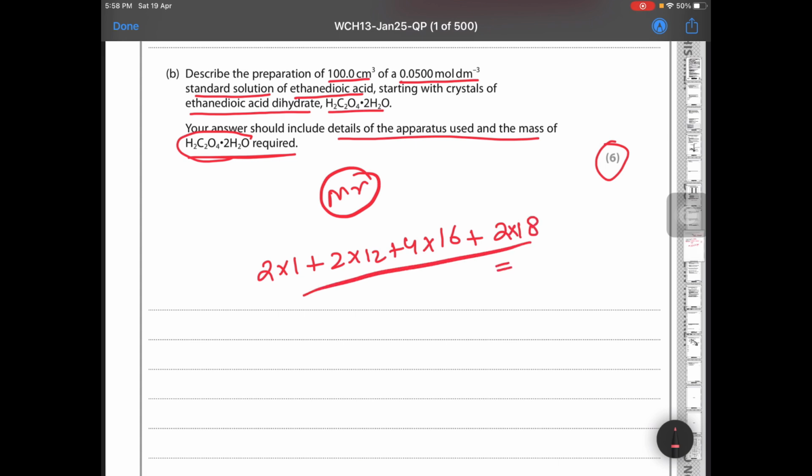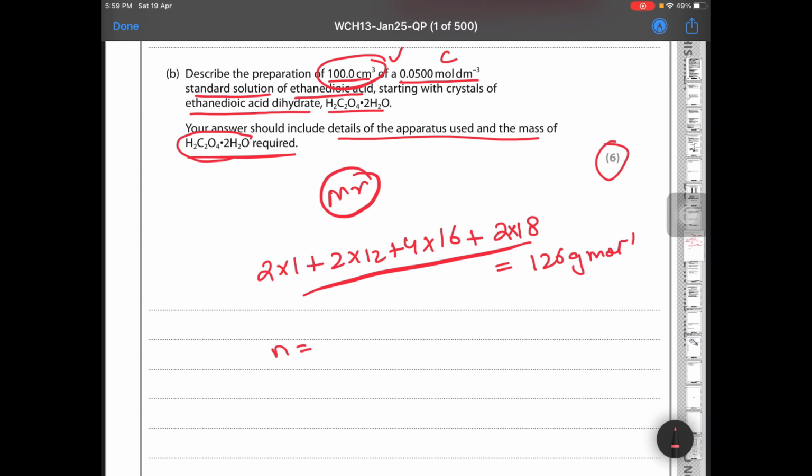You just add them up, you get 126 grams per mole. Now you have to find the required mass of the dihydrate. So find the moles. The concentration is given to you, and this is the volume.